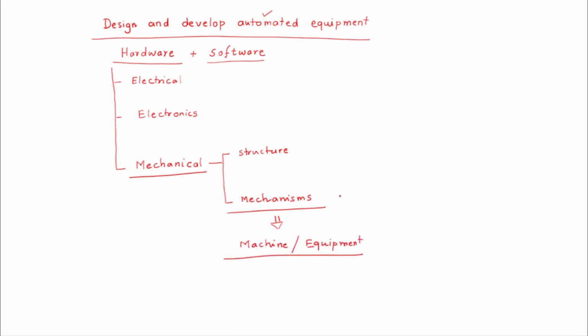Let us study the meaning of the mechanism and the definition of machine or the equipment. Now let us see what is the definition of a mechanism. It is defined as a group of rigid bodies. A mechanism has a group of rigid bodies, and these bodies we also call links.